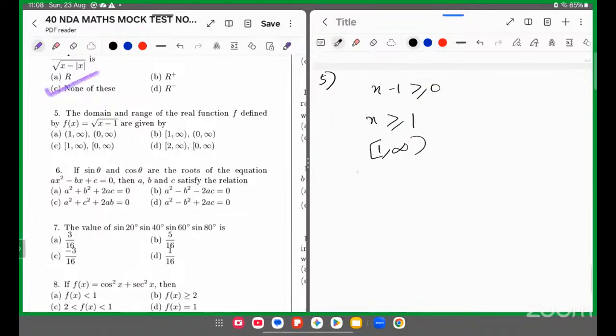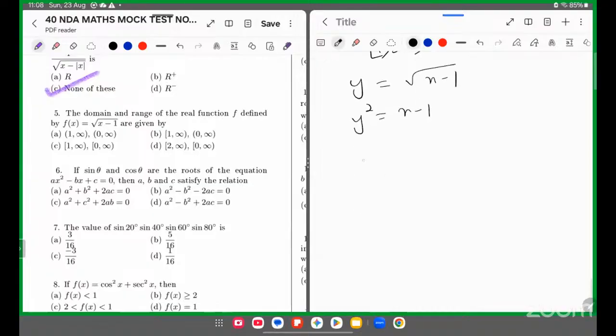That is the condition. Then y equal to under root of x minus 1. This is our domain. So y square equal to x minus 1. So I can say that x is equal to y square plus 1.